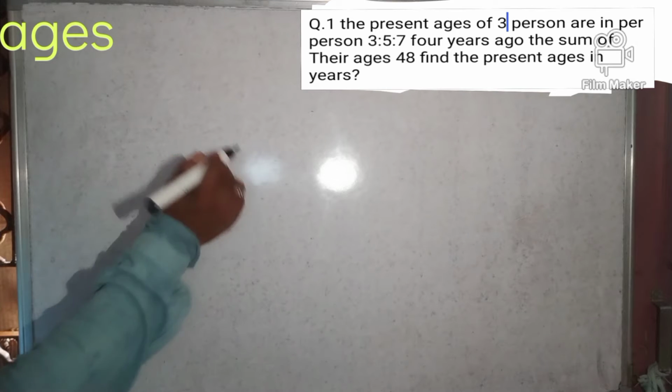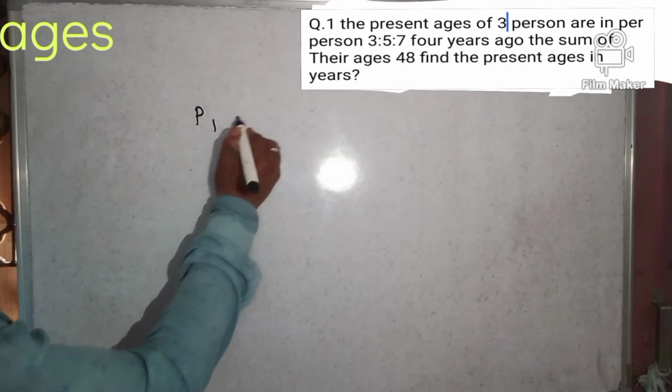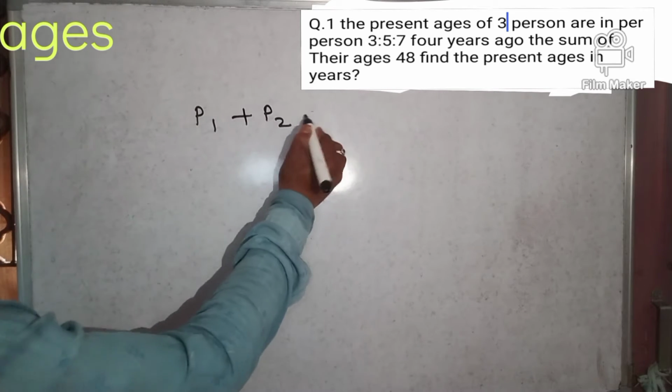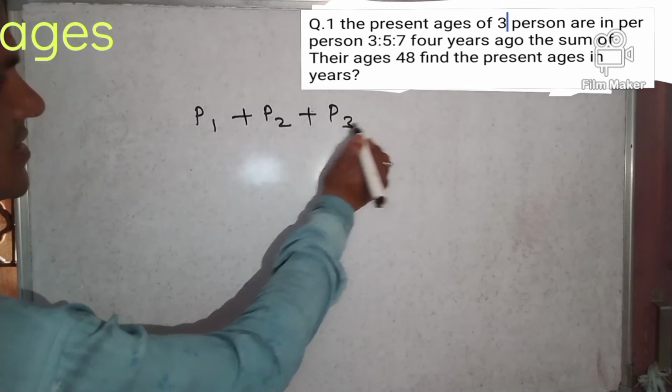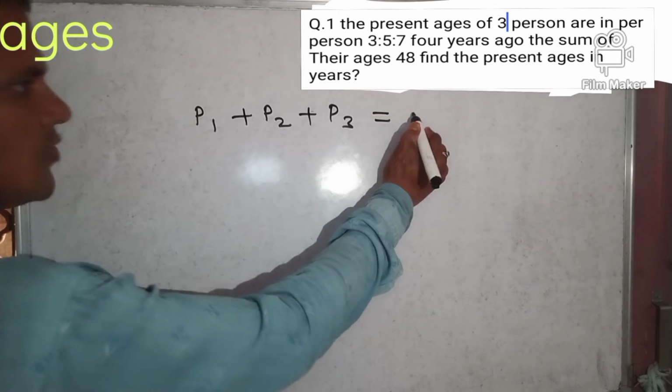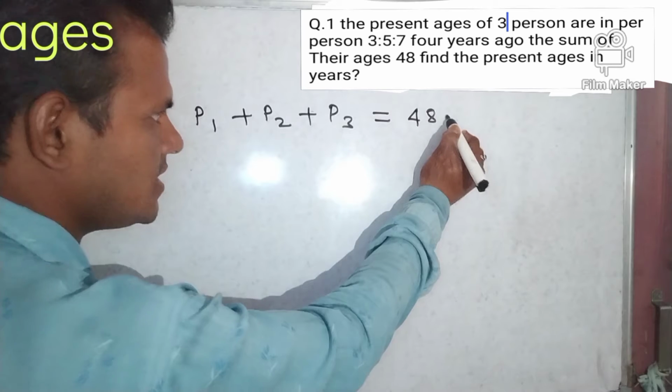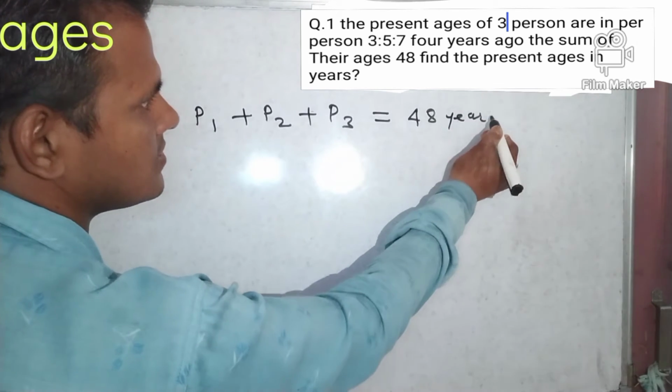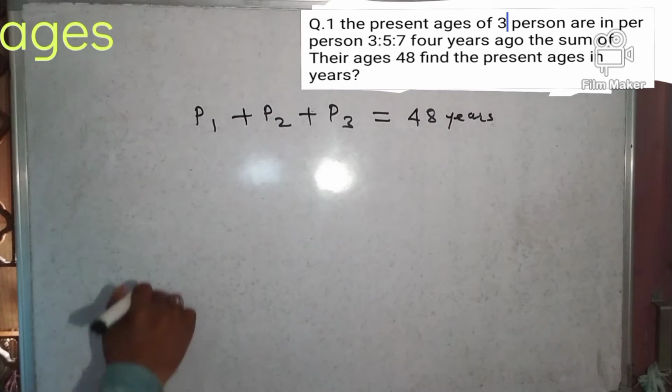4 years ago, person 1, person 2 and person 3, the sum was 48 years, right?